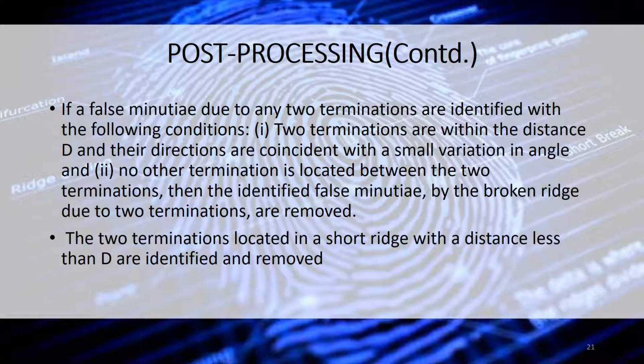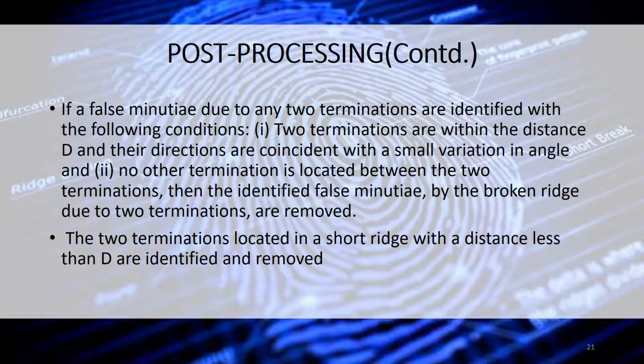By identifying two bifurcations, if any, on the same ridge with the inter-ridge distance less than the threshold value, the two bifurcations will be removed. False minutiae due to any two terminations are identified with the following conditions: first, the two terminations are within the distance d and their directions are coincident with a small variation in angle, and second, no other termination is located between the two terminations.